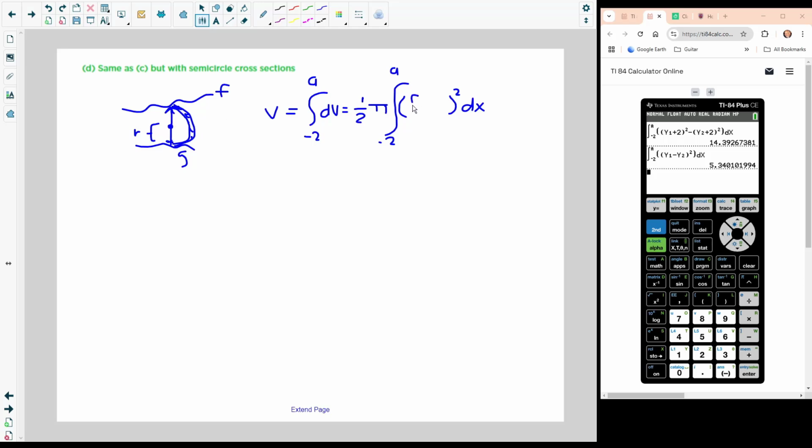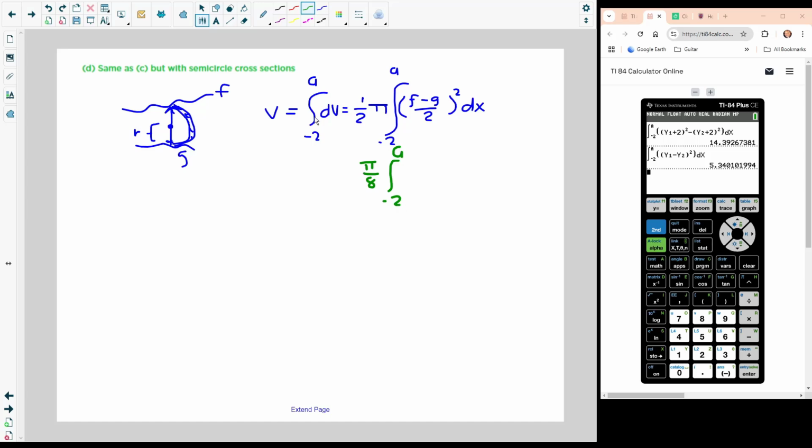So it's f minus g over 2. Now you can just put this in exactly like this, but you can also realize that if you squared this, you're going to get f minus g quantity squared over 4 and pull the 4 out. And that's what we do in class. So I'm just going to write pi over 8. I pulled out a 4 from this because this is squared. Pi over 8, integral -2 to a.